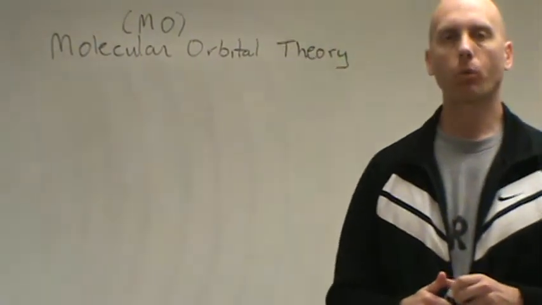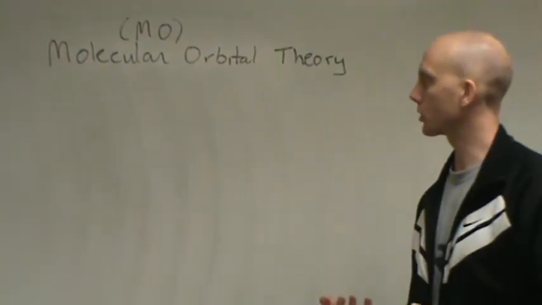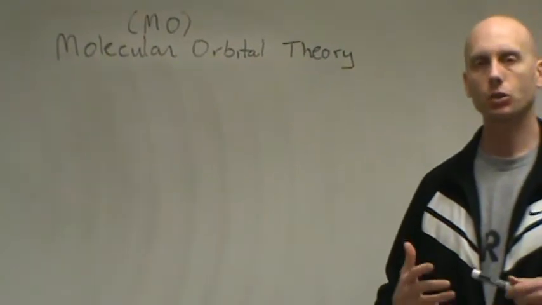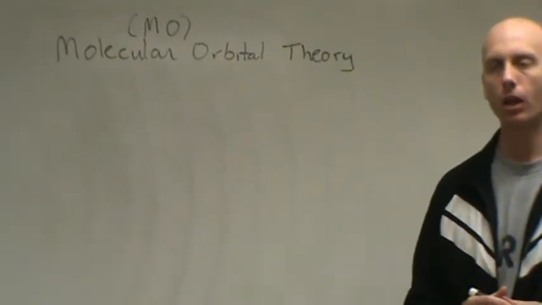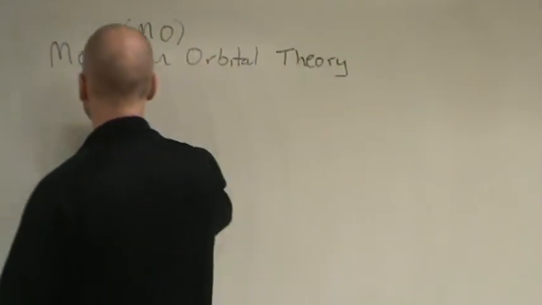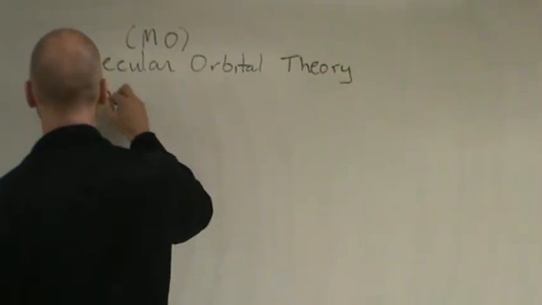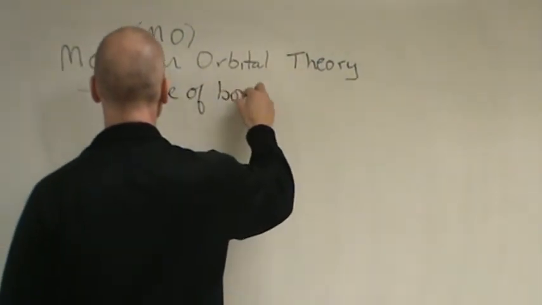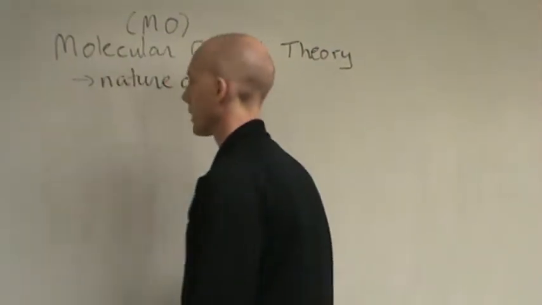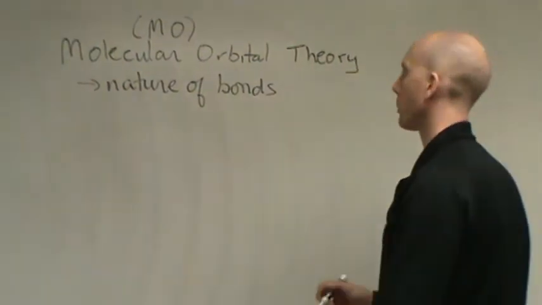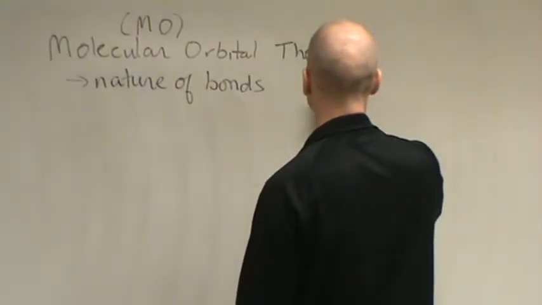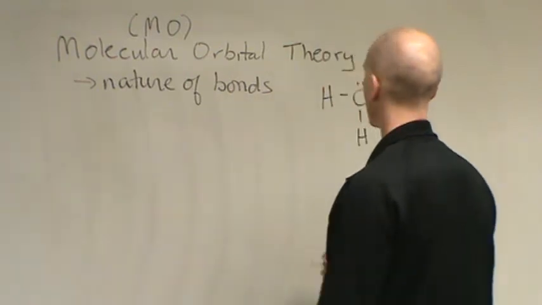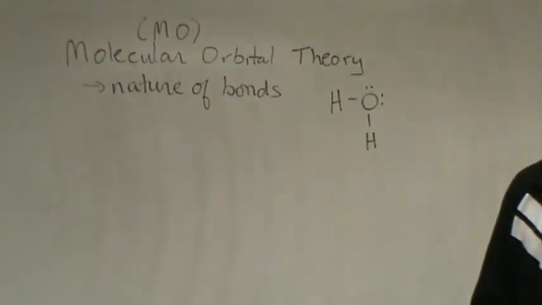Okay? And here what we're going to do in this very long topic of chapter 2 is look at the nature of bonds. You know, for example, we saw the Lewis structure of water to be something like this.